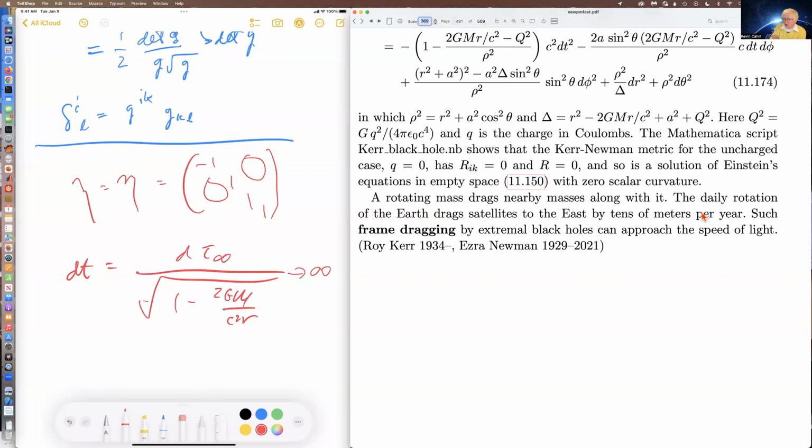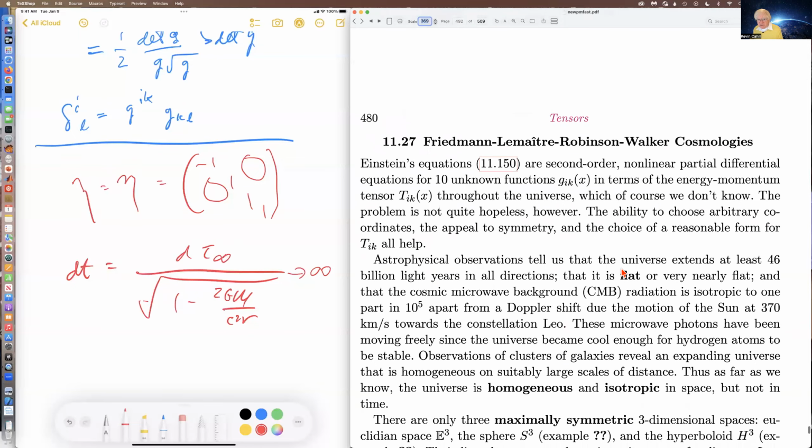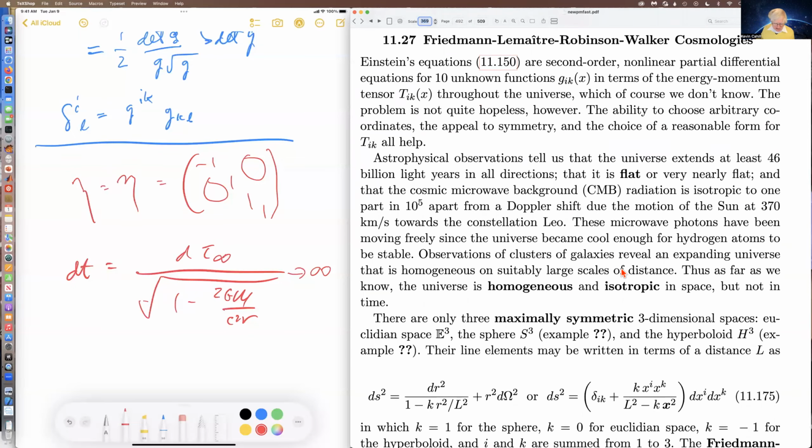In some cases, black holes can be dragging the matter that gets close to them to speeds approaching the speed of light. So whereas the Earth drags things by tens of meters per year, which is pretty slow, a black hole that's rotating rapidly can drag stuff around it and make it approach the speed of light, which would then, of course, radiate like nobody's business, to the extent that they're charged.